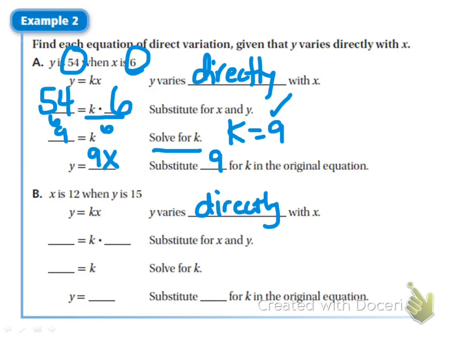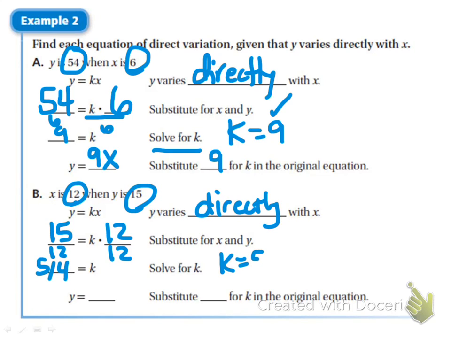So now we're going to substitute in 15 for y and 12 for x. When I divide, which is the opposite of multiplying, I find that I get 5/4 for k. Now I have to substitute 5/4 for k in the original equation, so I get y equals 5/4 times x.